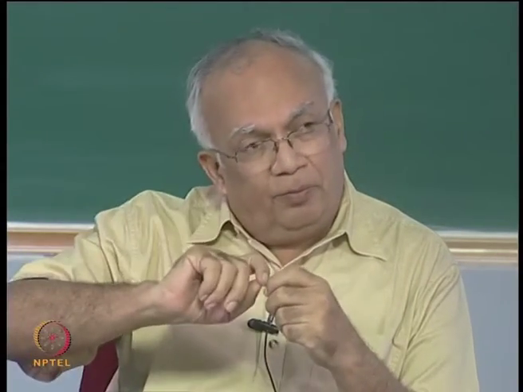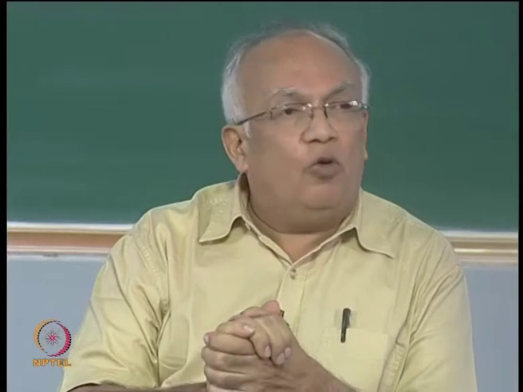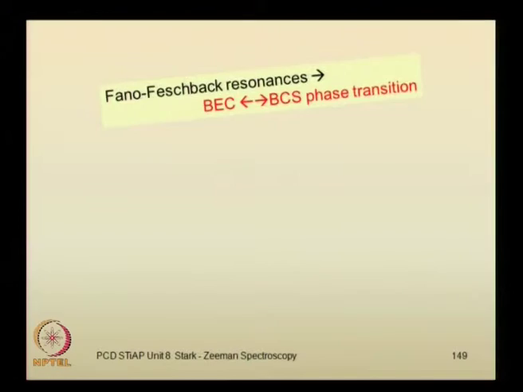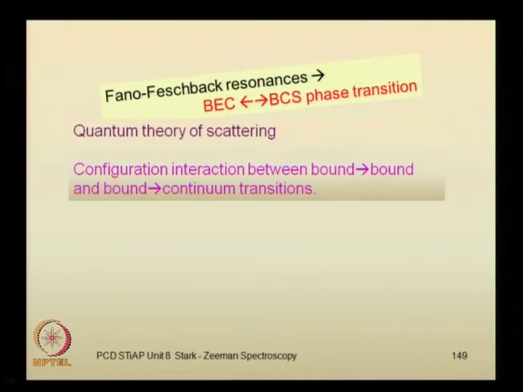So the time delay between the 2p and the 2s is also determined by these correlation effects, and to study them you need very sophisticated tools. You need relativistic many body formalism, and if you are looking at these BEC to BCS transitions effected by magnetic field controlled Fano-Feshbach resonances, you need to study quantum collision theory.